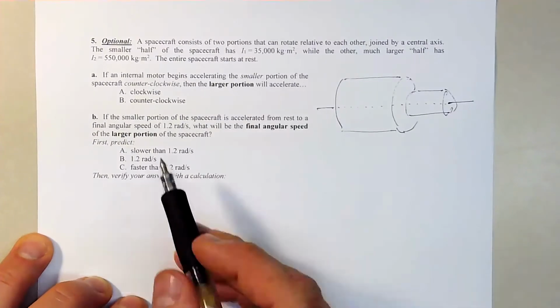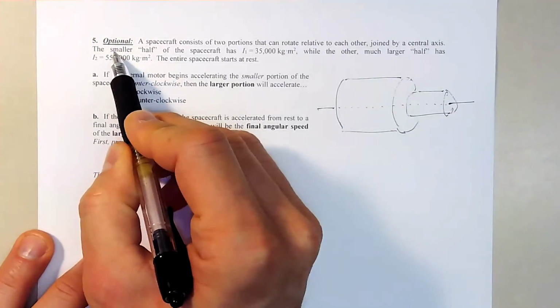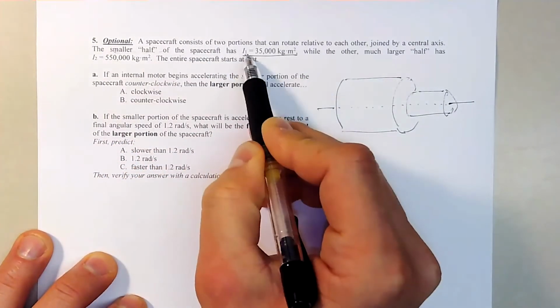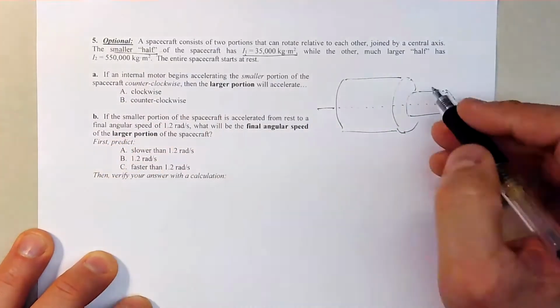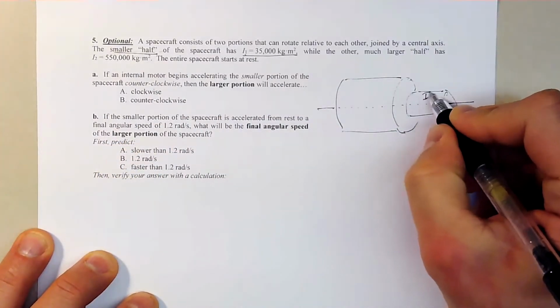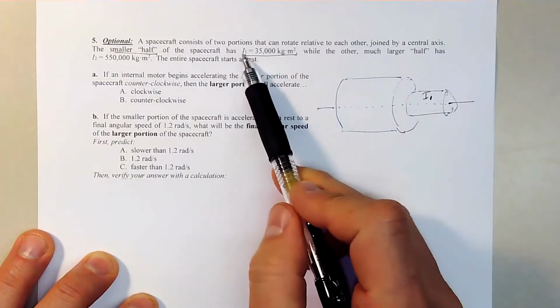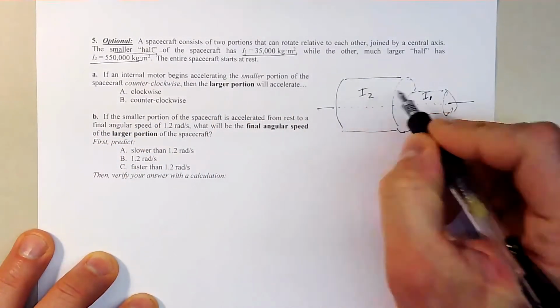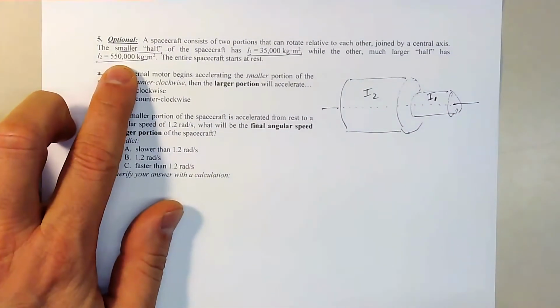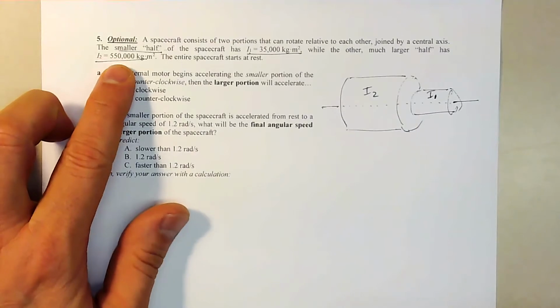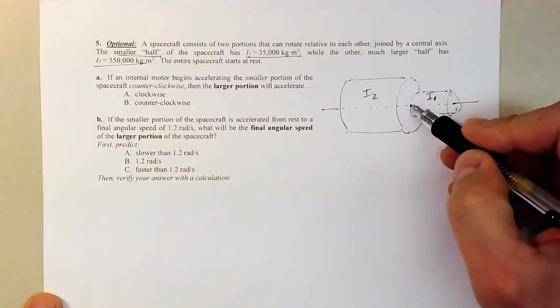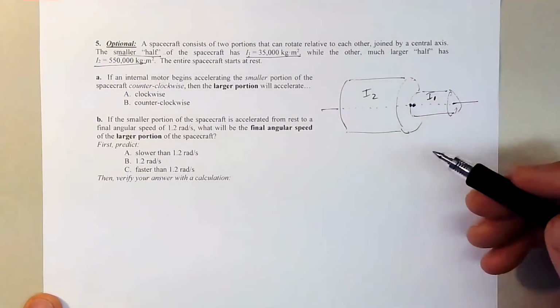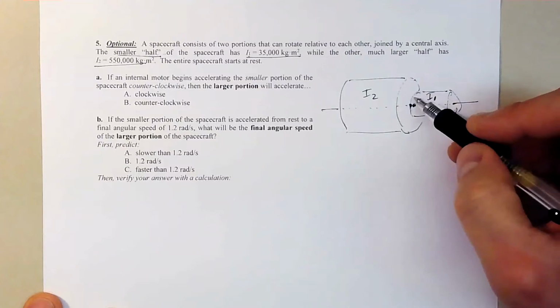This is part 1, which has moment of inertia I1, and the much larger half has moment of inertia I2. So much more mass, maybe much bigger radius as well. And they're connected at this junction right here.